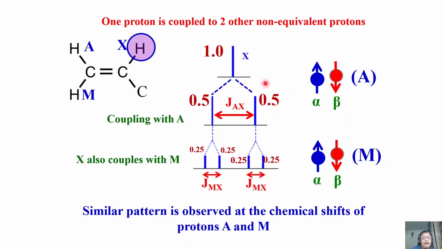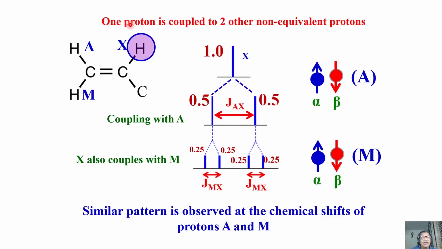But one point you remember in the salient points when I discussed the interaction strength of the scalar couplings, one of the important points I said was each nuclear spin can experience coupling with all other NMR active spins which are chemically inequivalent simultaneously. So I am giving an example, first X coupled to A and then to M. No, it need not go in this order. It can be any order.